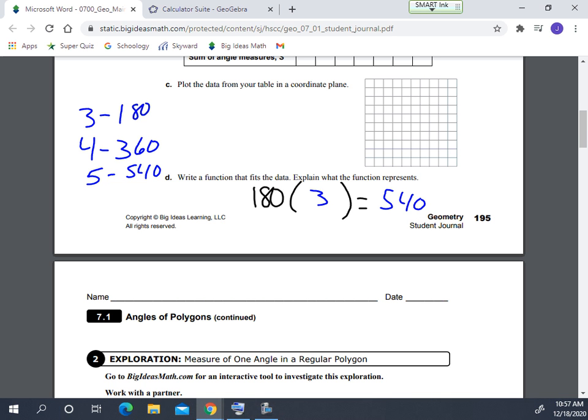So what is our general rule for any polygon? How can we find any polygon? Well, it has to do with the number of sides. That's what's going to go in our parentheses. But it's written like this: 180 times (n minus 2), where n is equal to the number of sides.